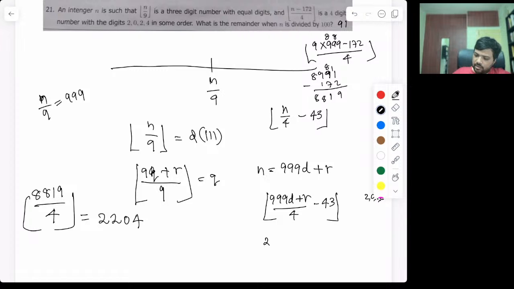4 2s are 8, 4 4s are 16, 4 7s are 28. So 4 into 247... 4 2s are 8, correct, no? 4 4s are 16, 4 9s are 36.